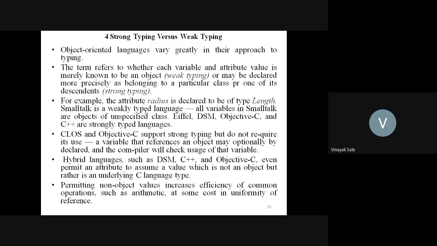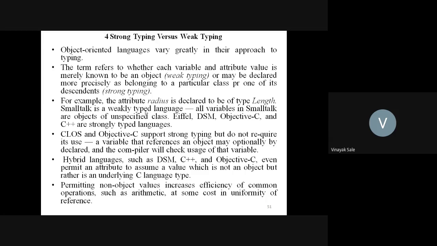CLOS and Objective C support strong typing but do not require its use. A variable that references an object may optionally be declared, and the compiler will check usage of that variable.